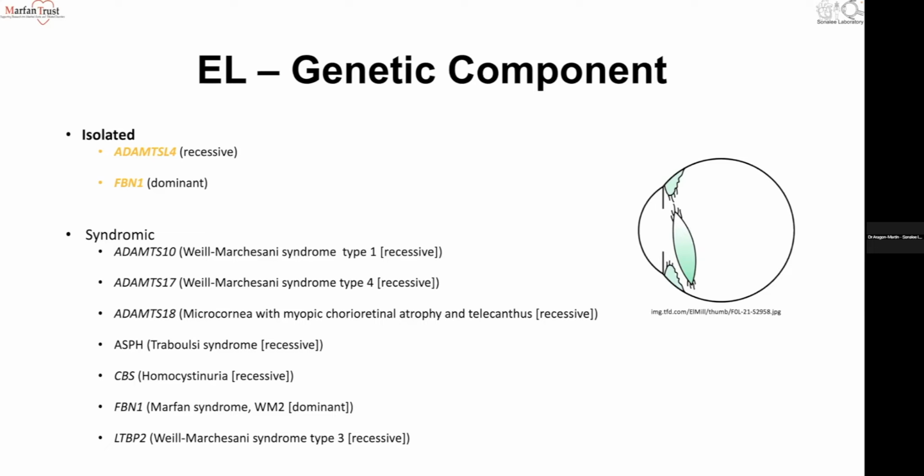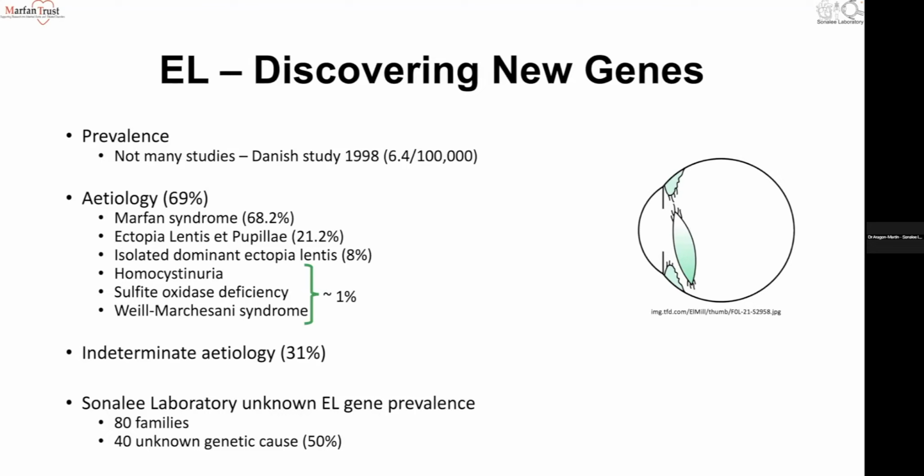We are interested in the apparently isolated condition of EL. It will help us in our research approach to focus first on those patients with ectopia lentis and no other clinical feature, to discover new genes causing EL. But why are we interested in discovering new genes?